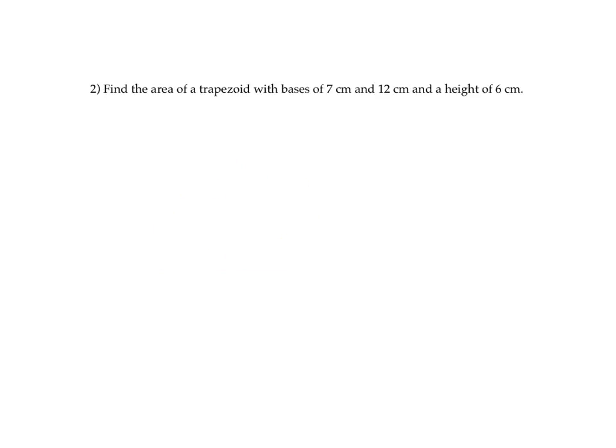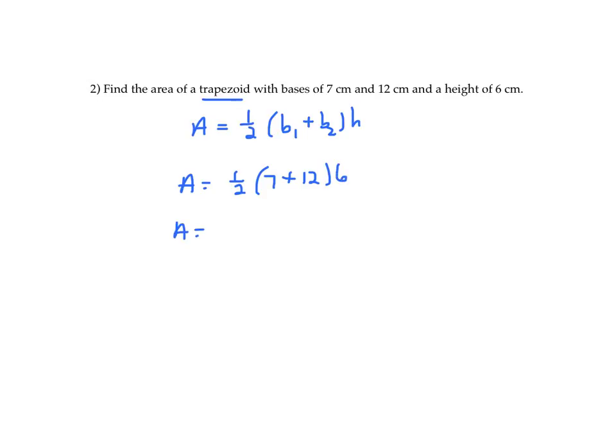In our second example, it says find the area of a trapezoid. So first thing I would do is write down the formula for area of a trapezoid. So it's 1/2 times b1 plus b2 times the height. So area is equal to 1/2 times 7 plus 12 times 6. So area is equal to 1/2 of 19 times 6.